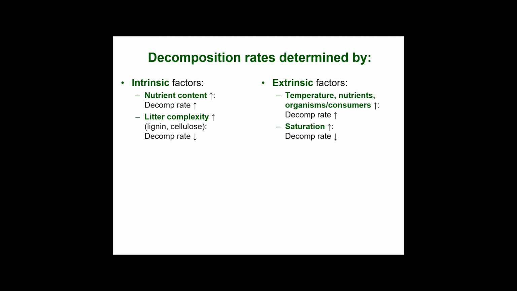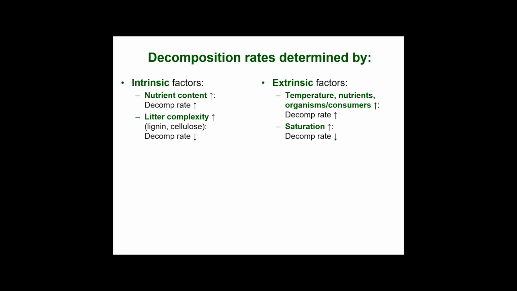If we're thinking about external or extrinsic factors, factors like warmer temperatures or greater nutrient concentrations in the environment, or lots of organisms that might be present in the soil, microbes or insects, tend to increase rates of decomposition and make more nutrients available for plant uptake.